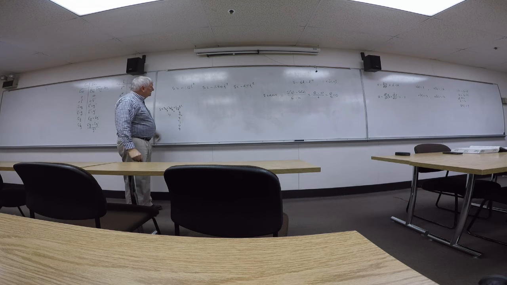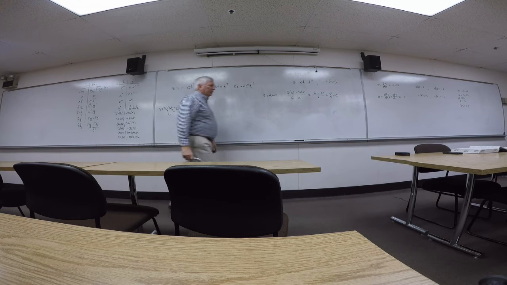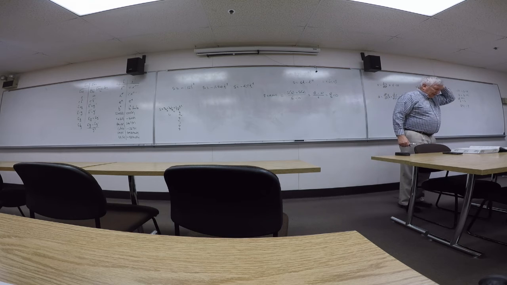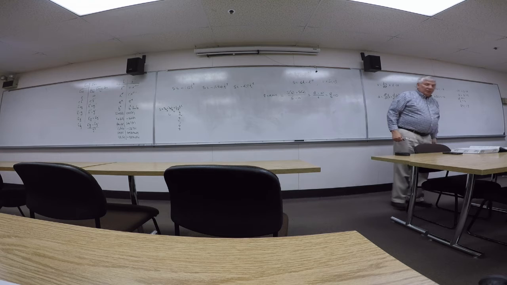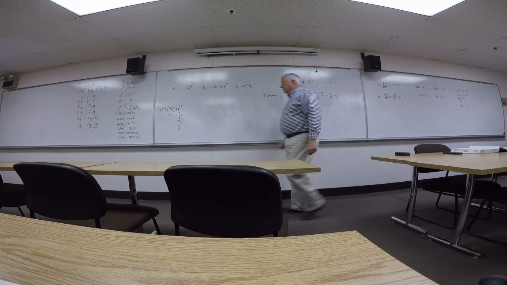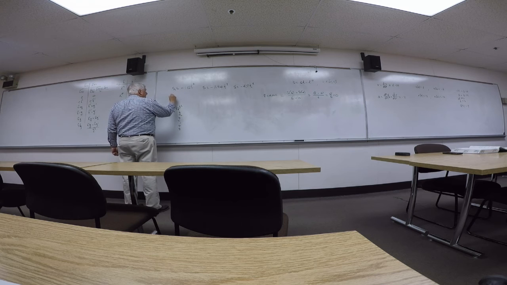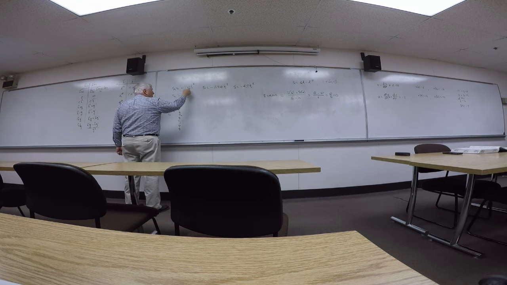Solving each of these, we want S to be, oh, what did we want? We want to know when its velocity. How far did it fall before it reached a velocity? Yeah. So, velocity in each case. Velocity on Mars is twice this.